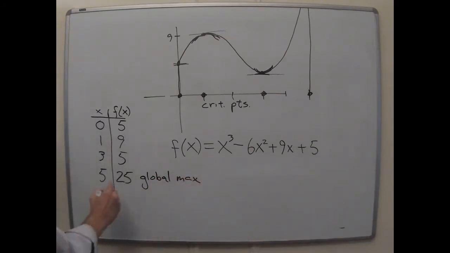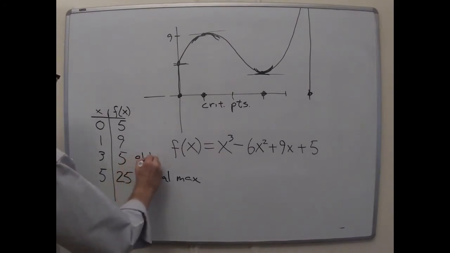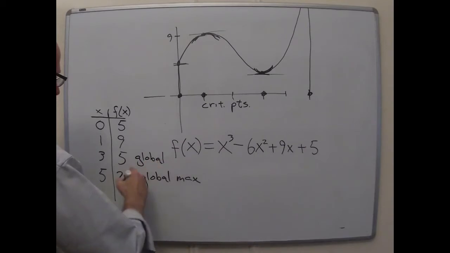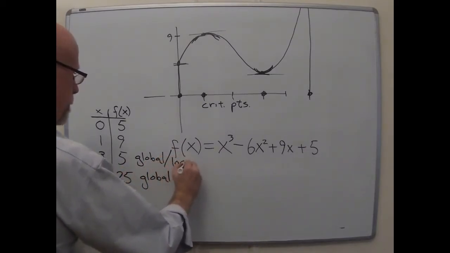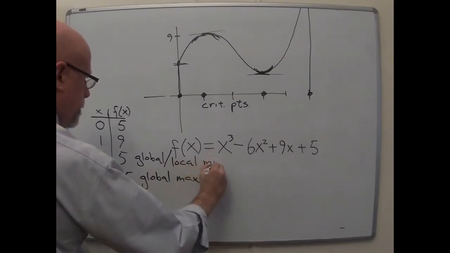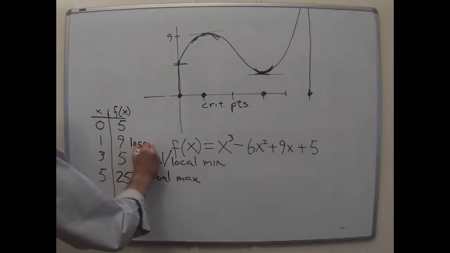We have a tie for the global minimum. This one is also a local minimum. That one's only a local max, it's not a global one.